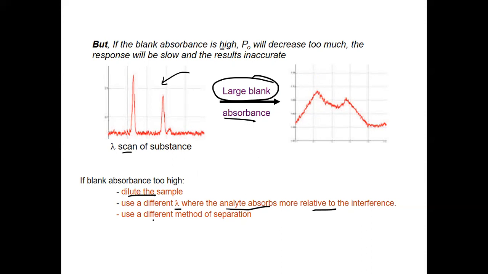Or you can use a different method of separation, removing the constituent that causes this large blank absorbance. So that's one of the common problems if you have what we call a mixture.